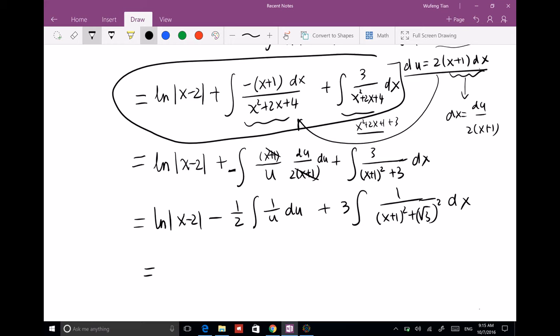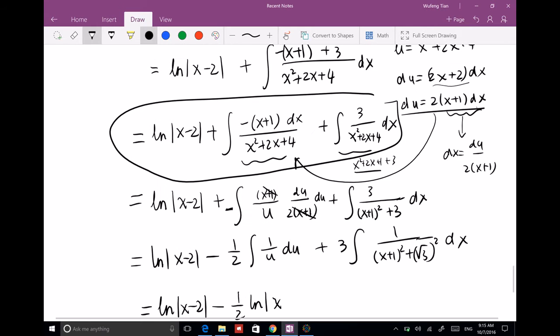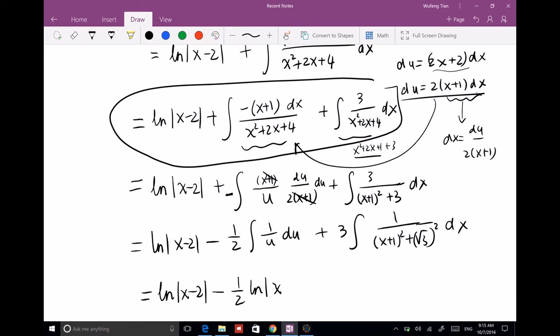So the first integral would be natural log of u, whatever that is, so that'd be ln x minus 2 minus 1 half ln of x squared plus 2x plus 4. Yeah. That's about where I'm at right now.